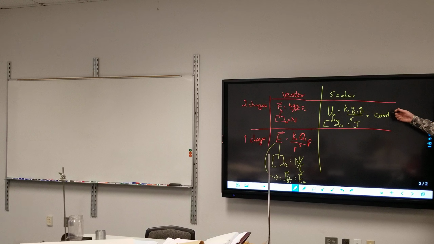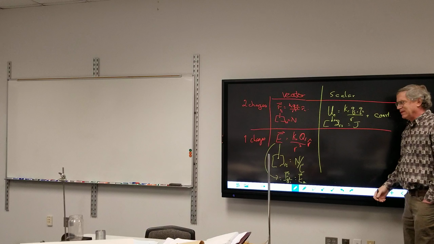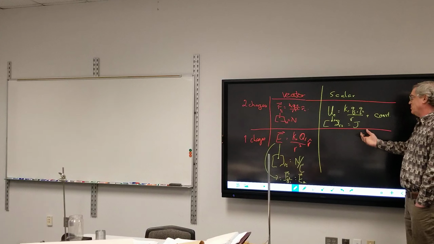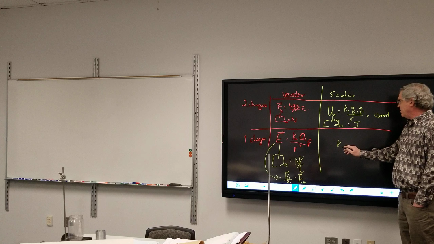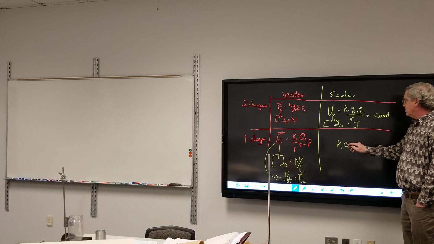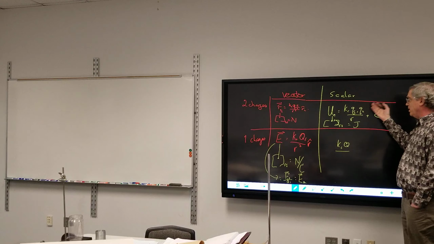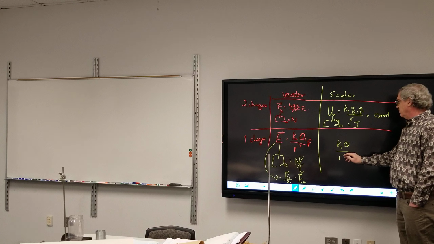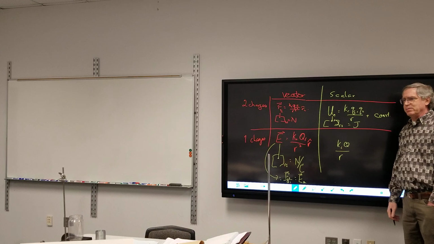So surely what we could do here is take our potential energy formula and just divide out one of the charges, and that's got to be something. So let's just do it. If I just take my potential energy, divide by one of those two charges, over R, I feel like that should be something.